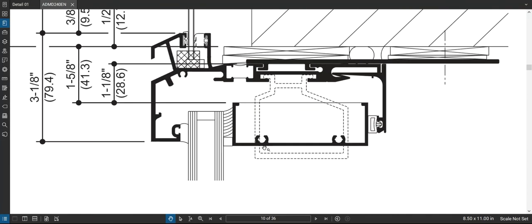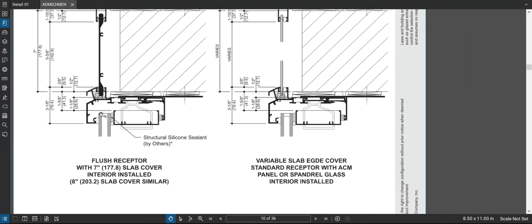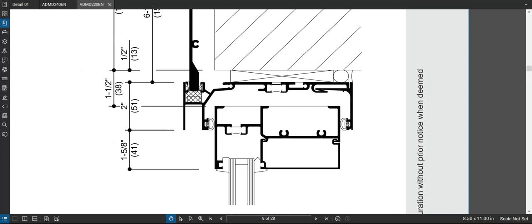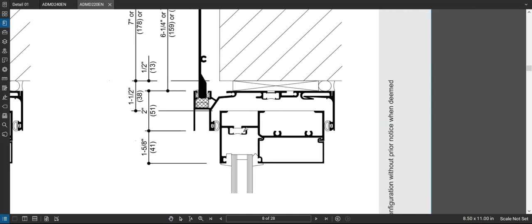Okay, and so how these window wall systems generally work, oh, that's a silicone glaze system. Let's not look at that one. Okay, here we go. So this is pretty much a standard type window wall system. So again, here's the floor structure right here. So that could be concrete, let's say. And what you get here is there's a track that goes in here.